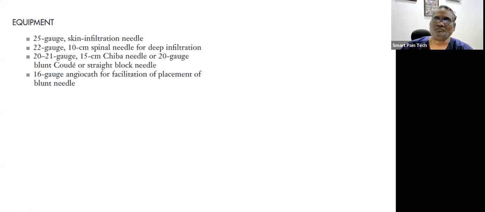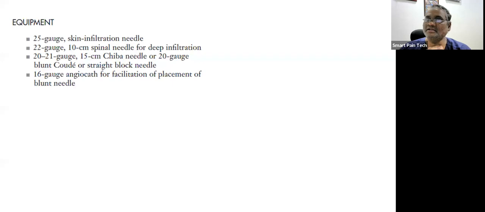Equipment. So what is the armamentarium? We always need needles, that's the commonest thing. What I use is a 22 gauge spinal needle. 10 centimeters most of the time is not enough to reach the target site because of many reasons. Because of the angulation, the length increases and it is not ideal.